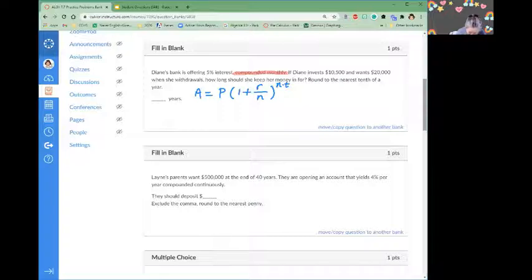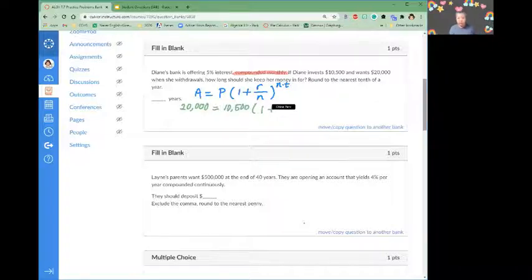The targeted amount is 20,000, so the letter A is going to be 20,000. Then the seed money, the principal, is 10,500, and it's going to be 1 plus.